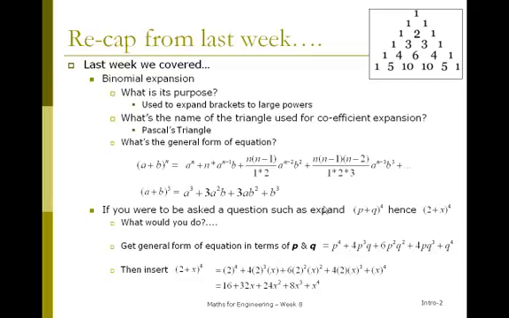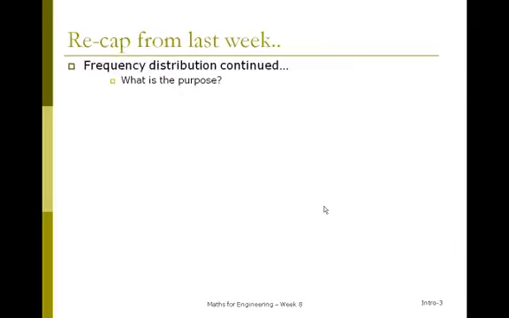Doing that gives us 16 plus 32x plus 24x squared plus 8x cubed plus x to the power of 4. If you're unsure about this, please go through last week's lecture and revise. Moving on.